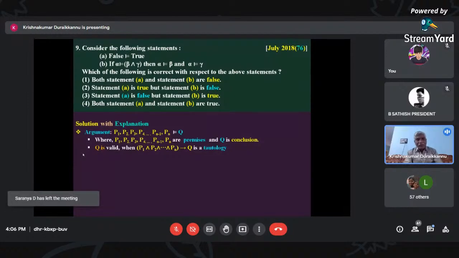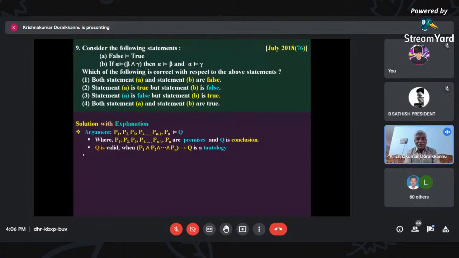In general, take an argument with premises P1, P2, P3, and so on up to Pn, which asserts Q. That means the argument is valid where P1, P2, P3, and so on, Pn are premises and Q is the conclusion. The conclusion is valid when (P1 and P2 and so on, Pn) implies Q is a tautology.